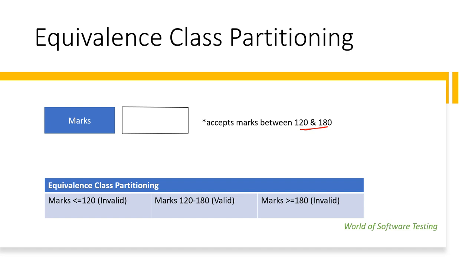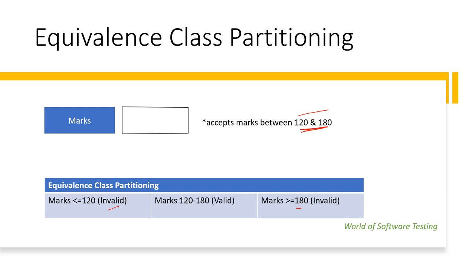Out of 200 total marks, colleges accept students with marks between 120 and 180 for admissions. Students having marks less than 120 or greater than 180 are not accepted for admission because the criteria is between 120 and 180.